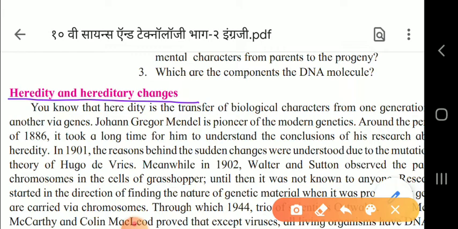So that point you should underline, that he is the main founder of genetics. So this point you have to underline.